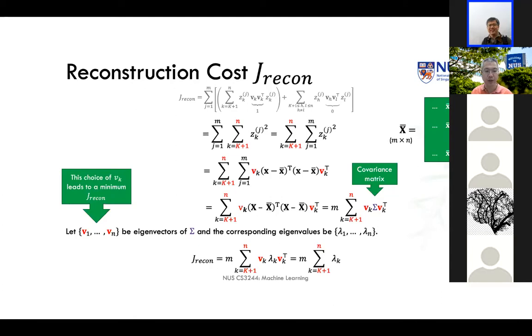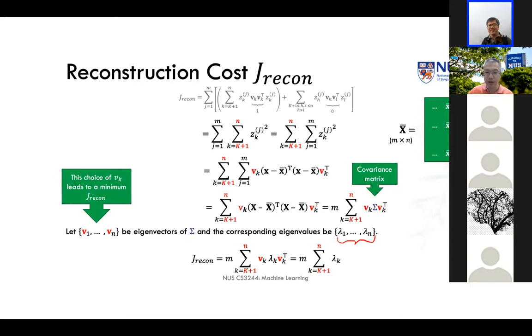Okay, so by doing this, we get a reconstruction cost that's minimized because when we do the eigen decomposition of the covariance matrix, we will get all of these coefficients. These coefficients will be ordered from largest to smallest, right?